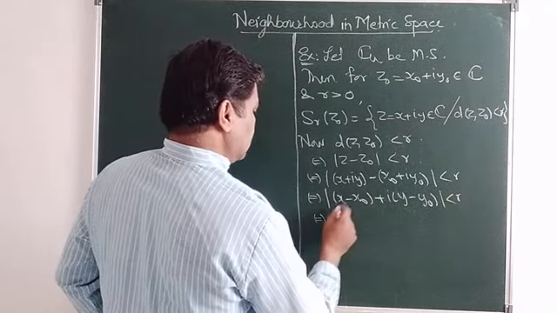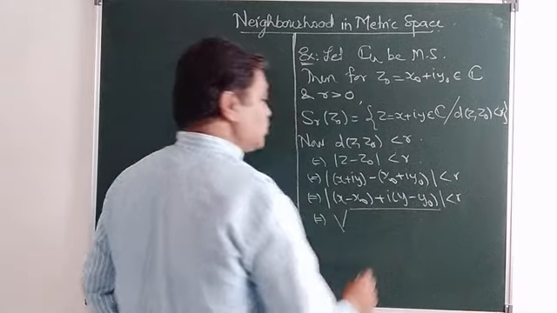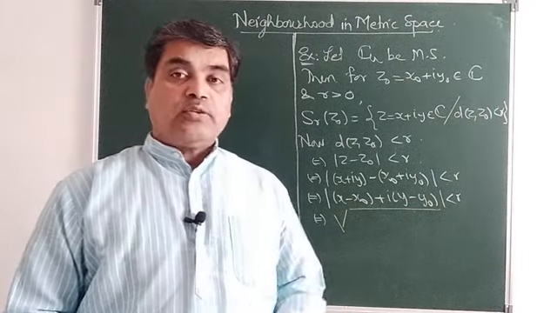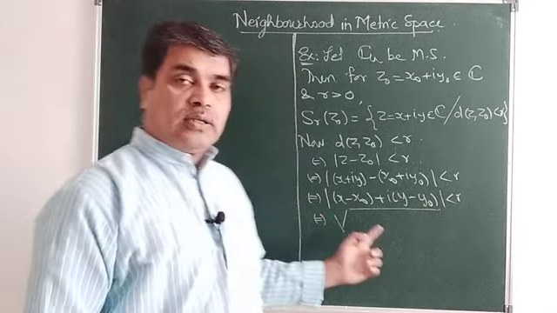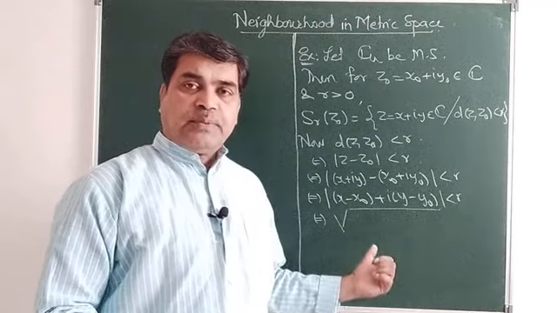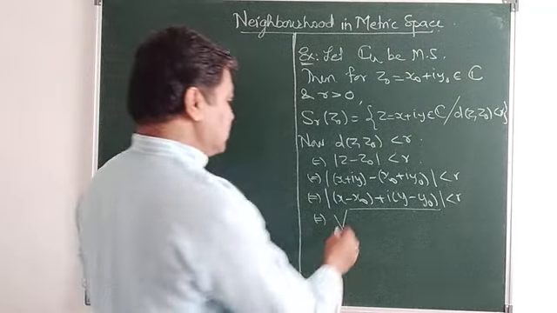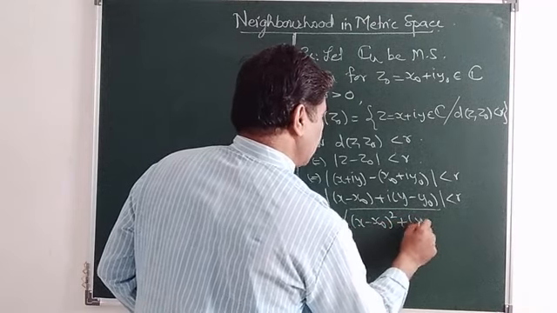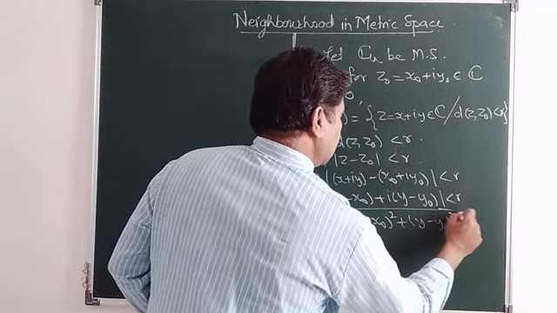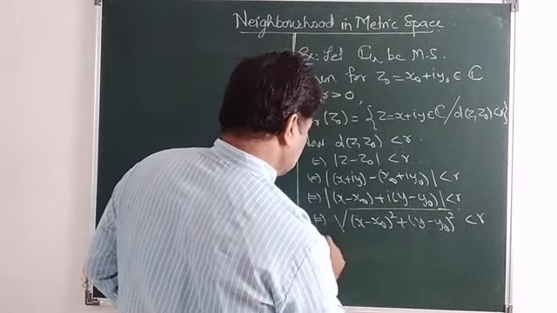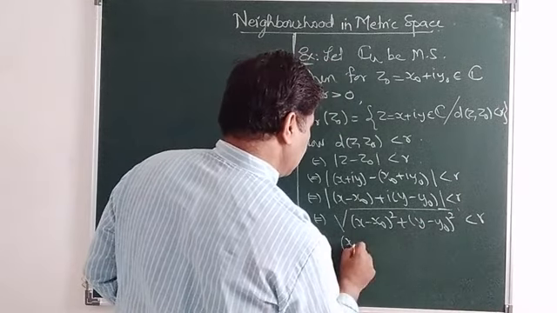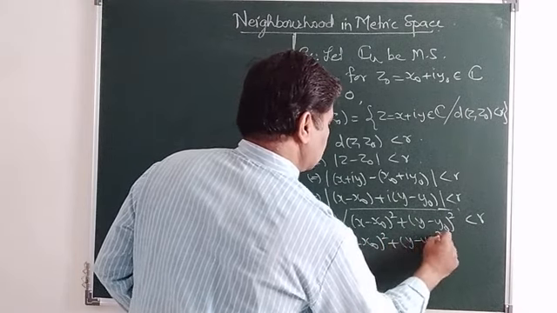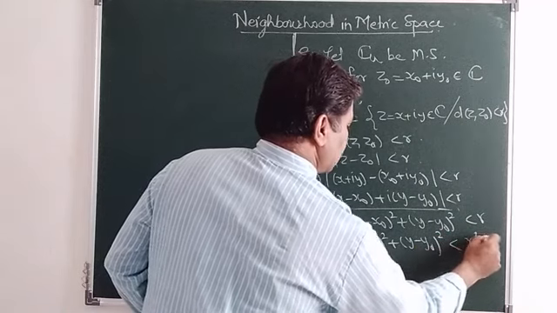If and only if, by the definition of modulus of a complex number a plus ib, mod z equals under root of a square plus b square, that is, under root of real part square plus imaginary part square. So this is x minus x naught square plus y minus y naught square under root, less than r. If I take squares, I get x minus x naught square plus y minus y naught square is less than r square.